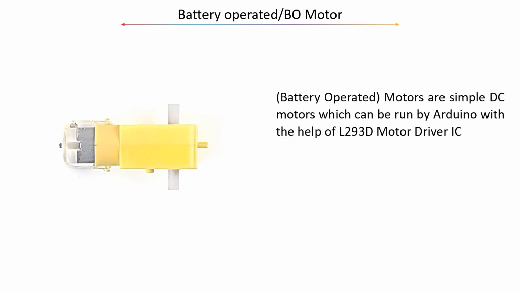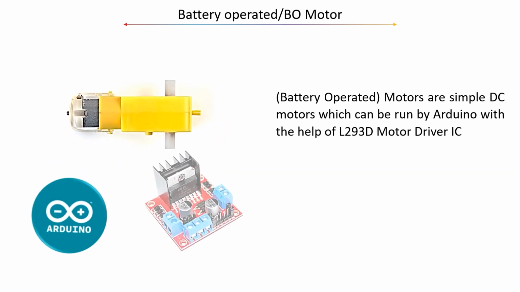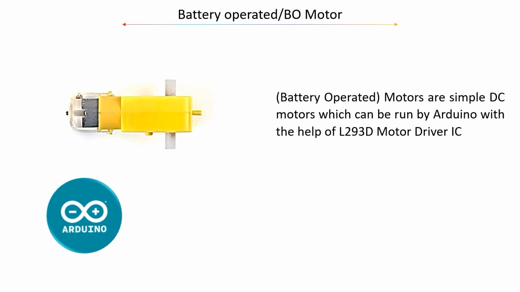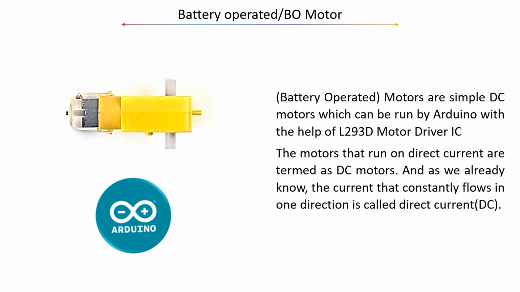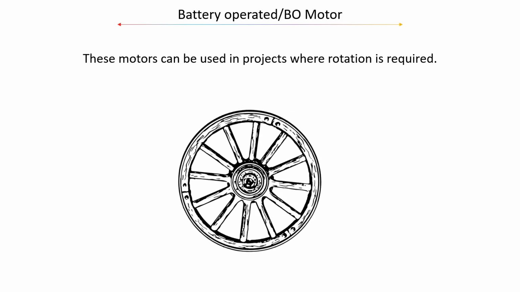Battery operated motors are simple DC motors which can be run by Arduino with the help of L293D motor driver IC. The motors that run on direct current are termed as DC motors, and as we already know, the current that constantly flows in one direction is called direct current. These motors can be used in projects where rotation is required.